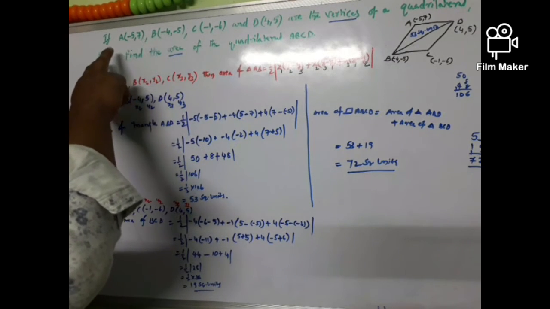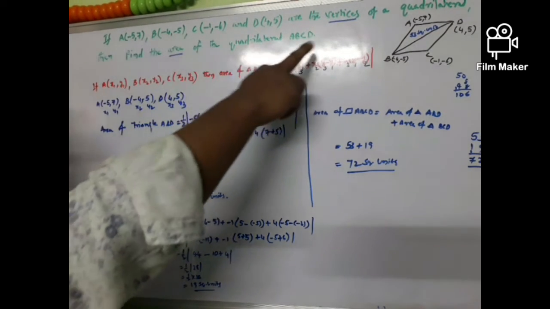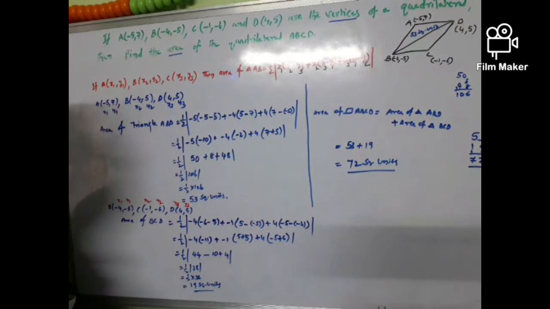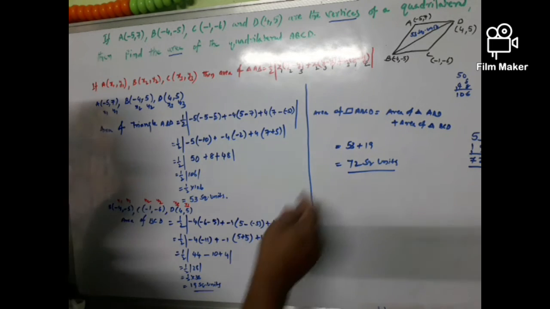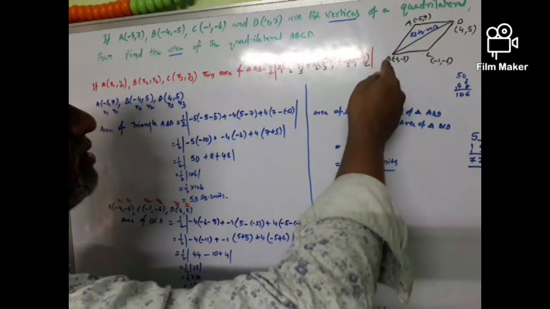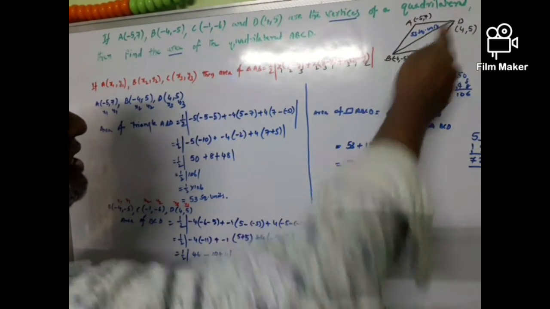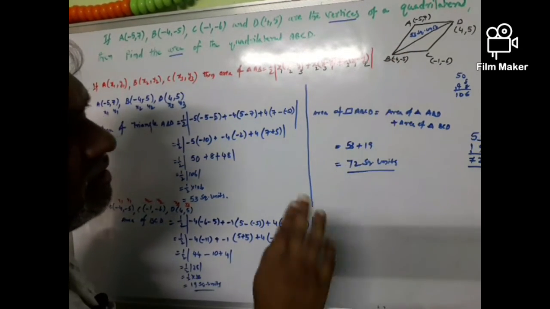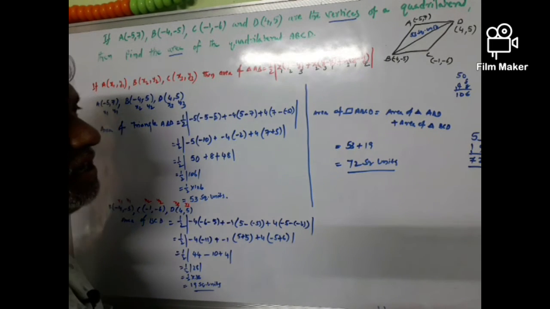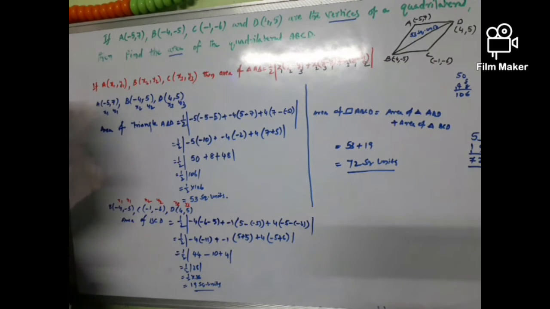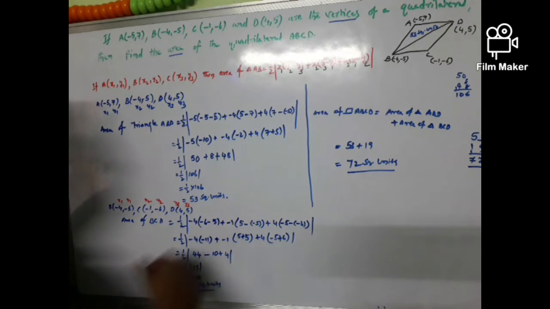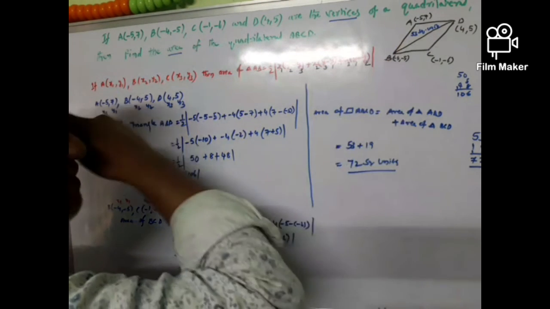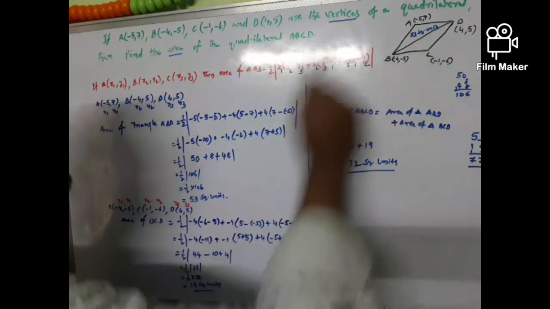Actually, he gave the 4 vertices of quadrilateral ABCD and asked to find its area. First, draw quadrilateral ABCD, mark the vertices A, B, C, D, then draw a diagonal. This diagonal divides quadrilateral ABCD into 2 triangles. So find the areas of these 2 triangles.